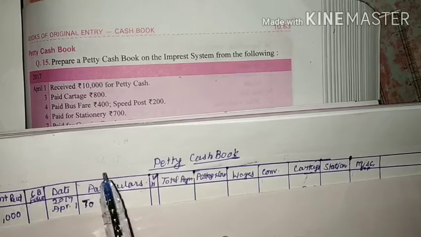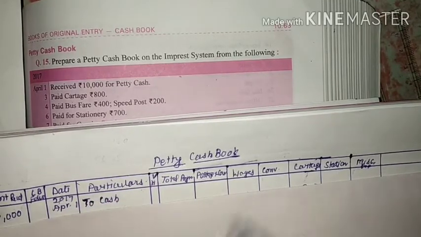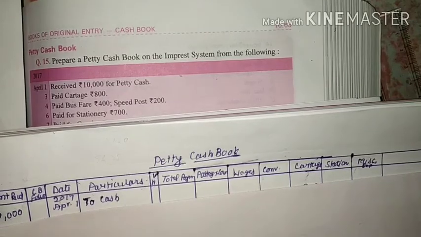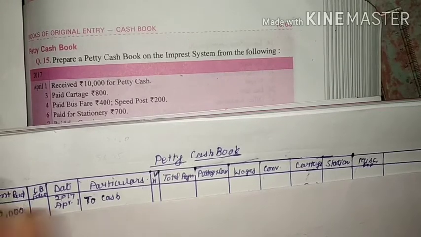And actually this should be entered in the cash book. When cash is received, it is entered on the debit side, like opening balance and whatever cash is received. Here this cash is actually received on the debit side. But the particulars and date are common columns for both the debit and credit side.